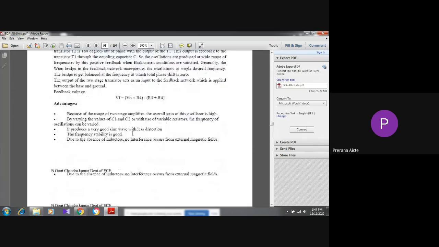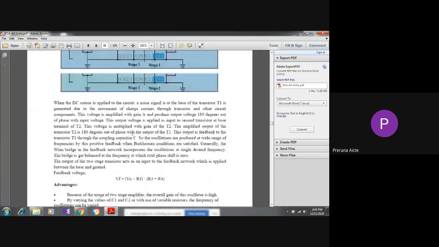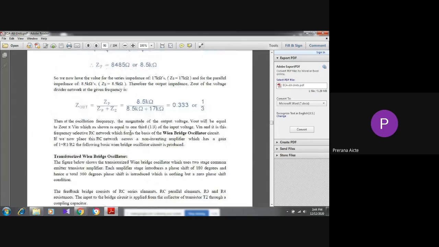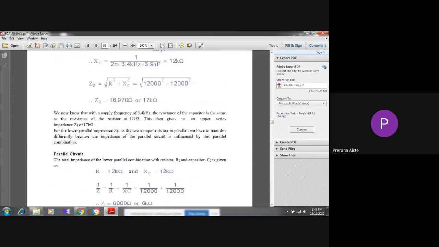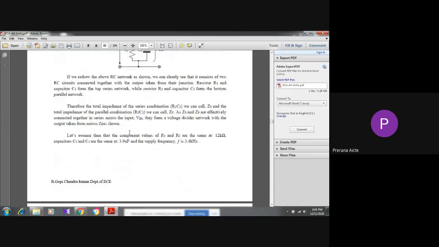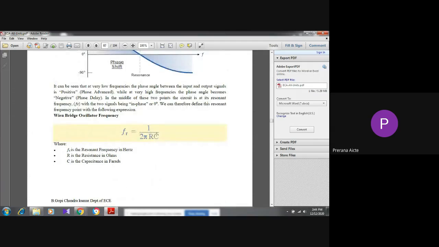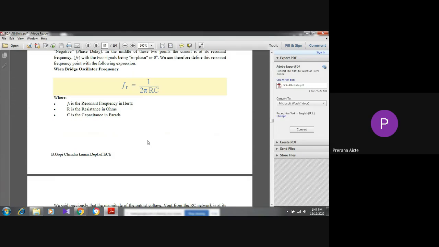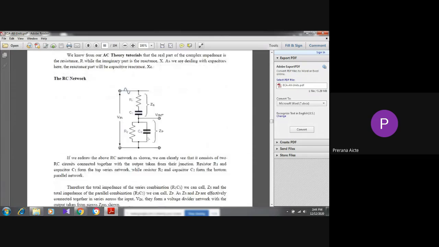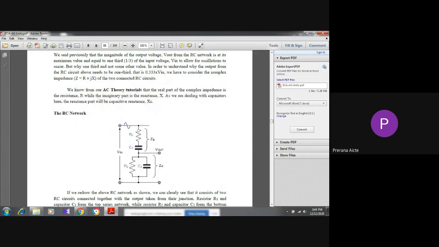And the frequency expression for the Wien bridge oscillator is 1 by 2 pi RC root 6. This is the frequency expression. So the actual formula is 1 by 2 pi root of R1 R2 C1 C2 from this figure.